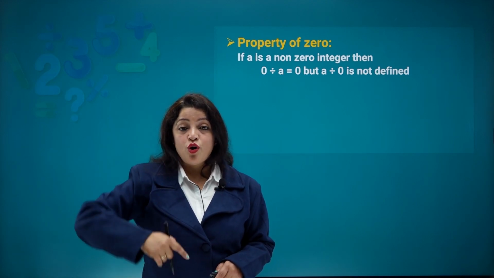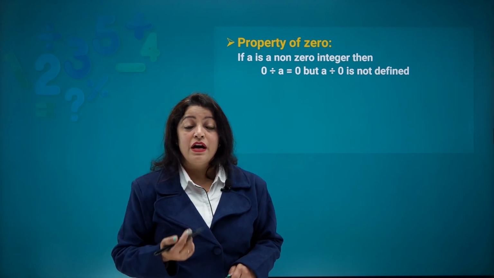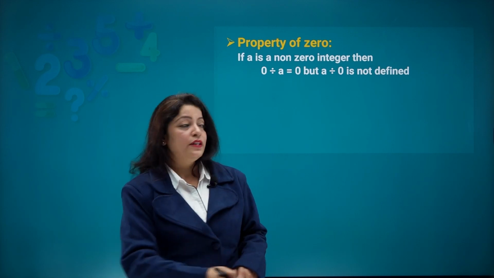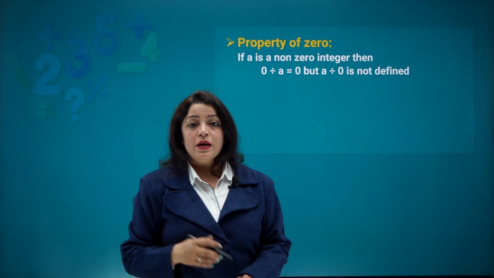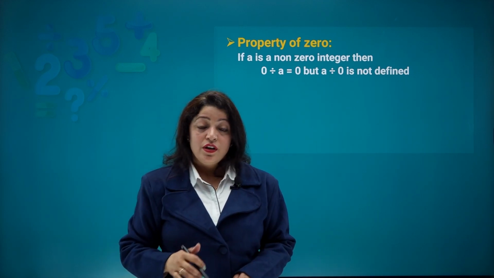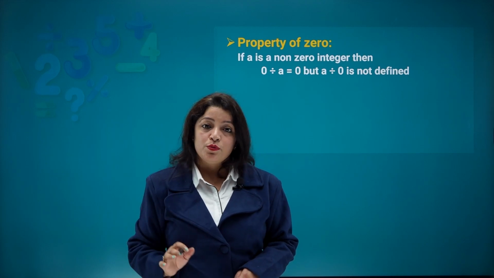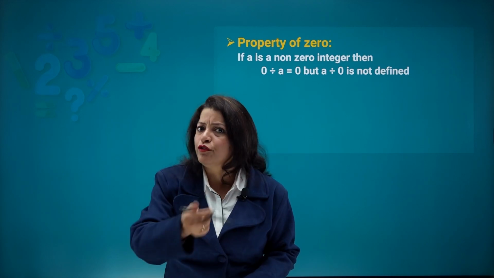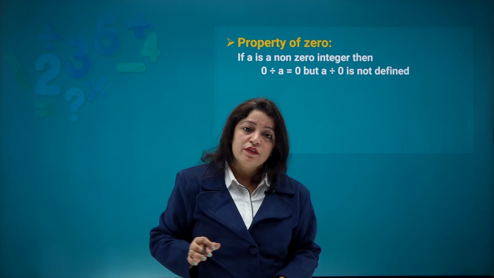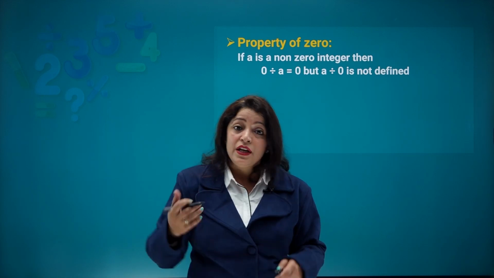And now, just opposite of it. If I am having 5 chocolates with me, that means if I am having a chocolates with me, and I have to divide it among 0 friends or 0 students, there is no one to whom to distribute, but I have to distribute those 5 chocolates. So is it possible for me to give any number of chocolates to anybody?